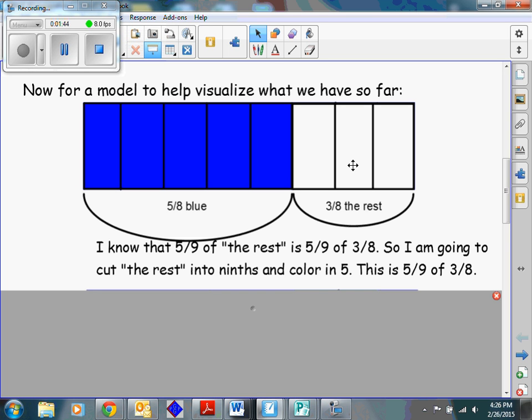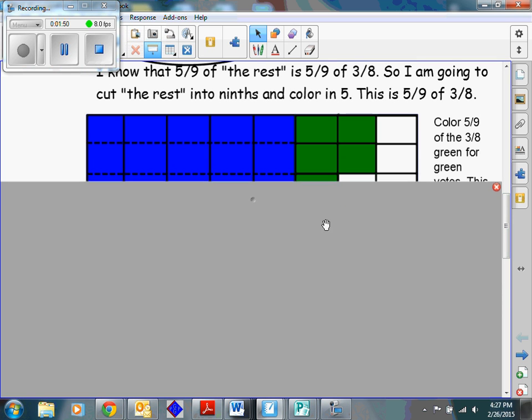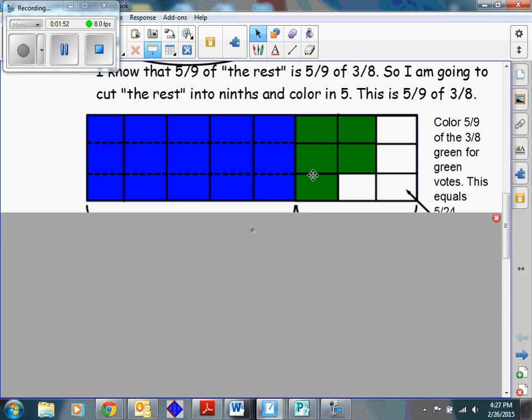So I'm going to cut the rest right here into ninths and color in 5. Here's ninths. Here's ninths right here. And I colored in 5 of them. 5/9 of 3/8 is 5/24.